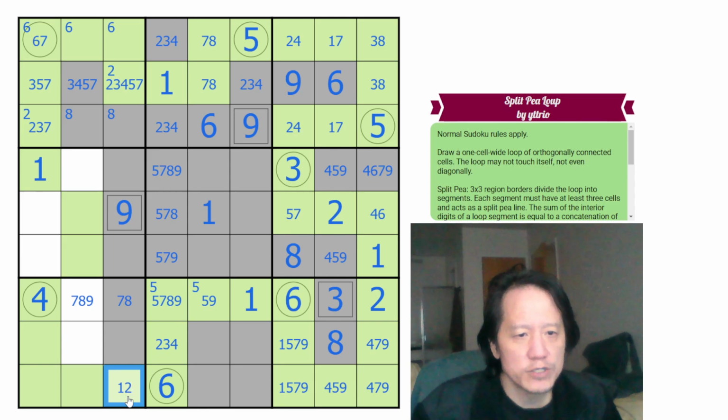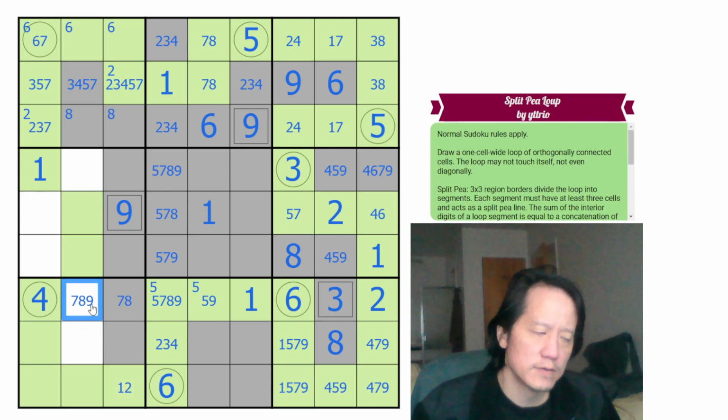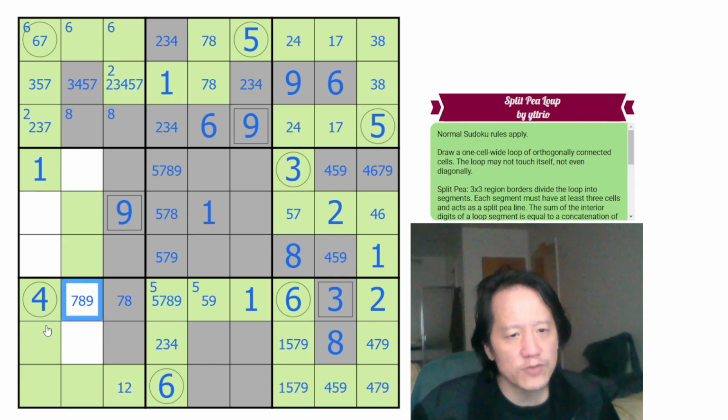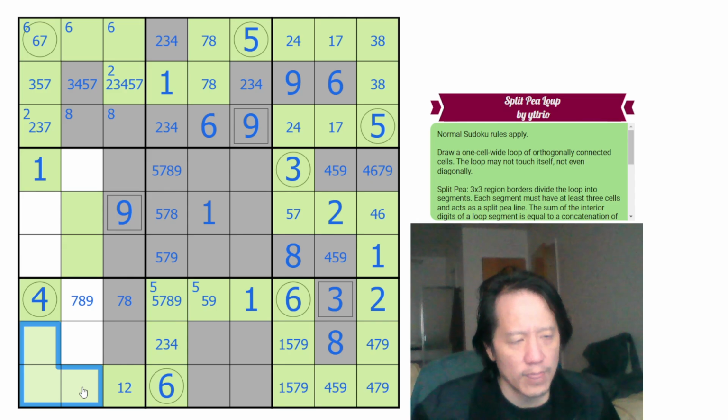If this is 20, it has to be 20. It cannot be 24 because that's not allowed. Can it be 27, 28, and 29? Can it be 29? No, because you have to have 4, it would be 4. Yeah, that doesn't work. If it's 29, this would have to be 4 with that. Right?